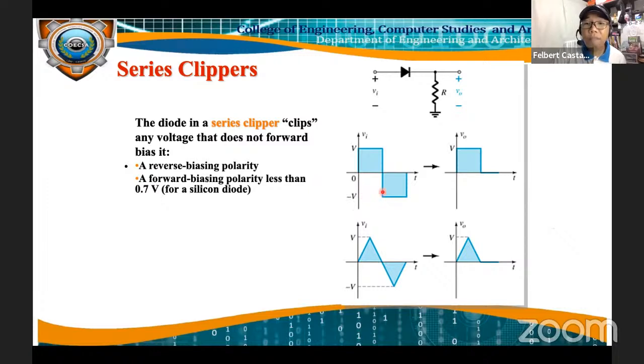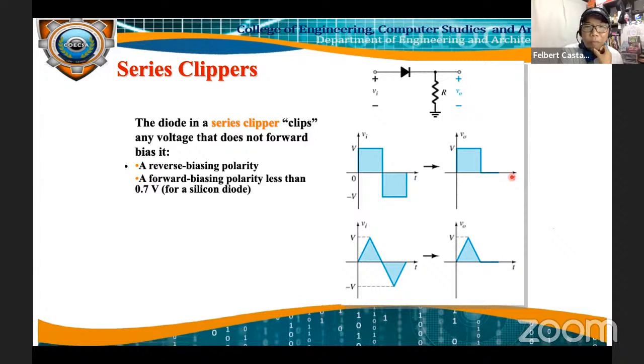During the negative half cycle, ito yung condition na naka-reverse bias yung diode. Dahil sabi nga, series clipper clips any voltage that does not forward bias it, ito yung negative voltage na hindi makakapagpa-forward bias sa diode. Kaya na-clip niya yung part ng waveform na yun.